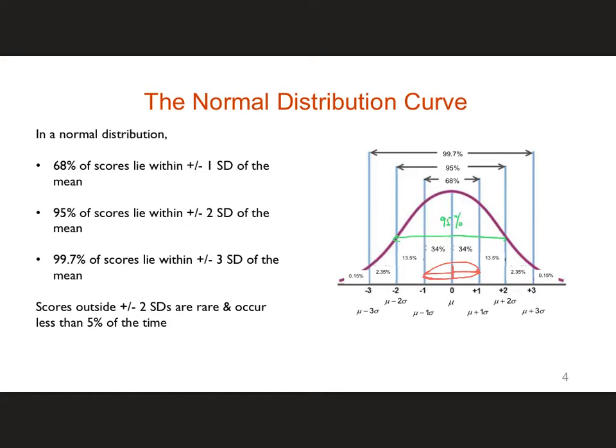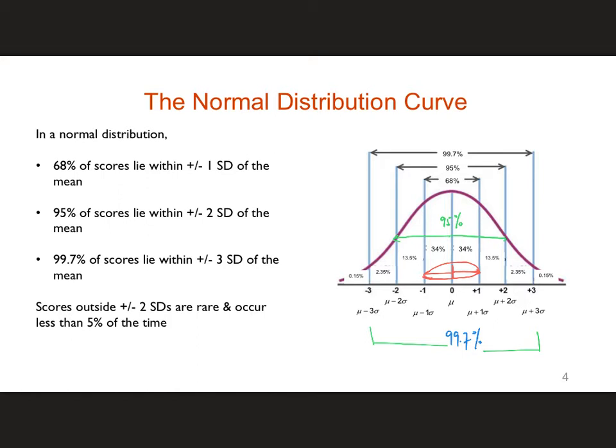Then for 99.7%, we are 3 standard deviations within the mean, and that is 99.7%. As we saw in terms of the characteristics of the normal distribution, we said the entire area under the curve sums up to 100%.